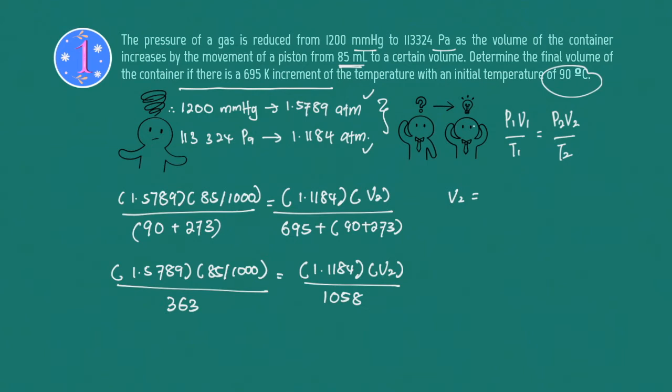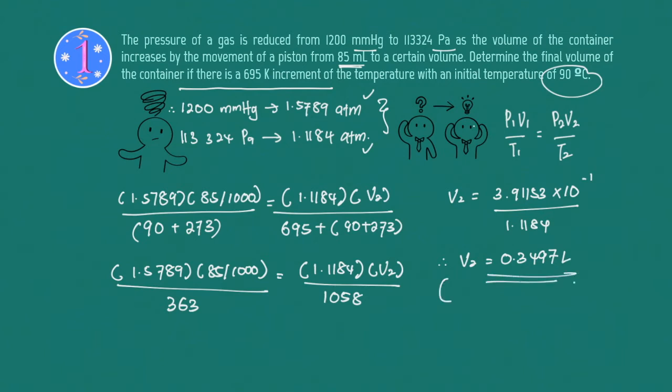Your V2 is equivalent to 3.91153 times 10 to the power of negative 1 divided by 1.1184. Therefore, your V2 should be equivalent to 0.3497 liter.